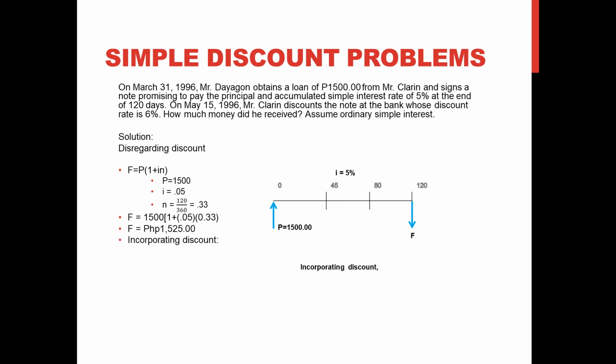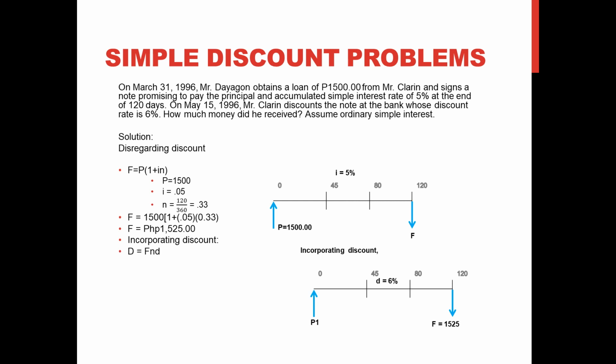If we incorporate discount now, we set that F is equal to 1,525 and the discount rate is 6%, then we will be having a present worth.